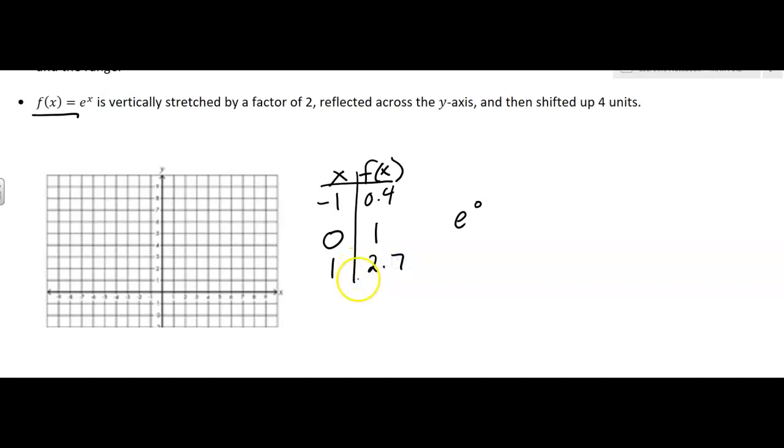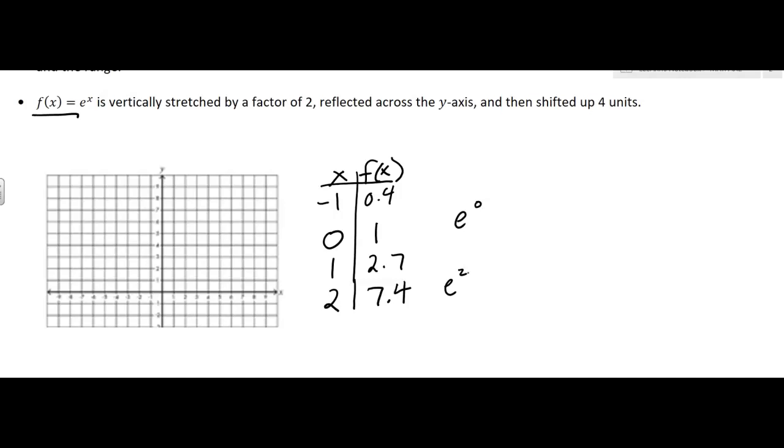That's the approximation for e. I'm just going one decimal place because I'm graphing. And if I plug in a 2, it turns out to be about 7.4. I went ahead and did that on my calculator. So you're just putting in e squared on your calculator and finding that.